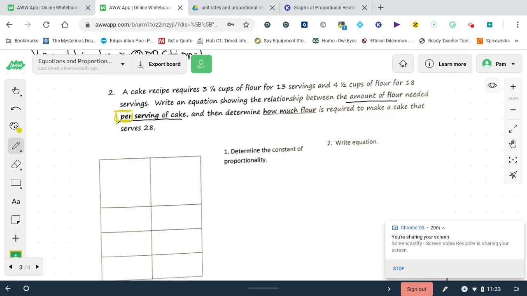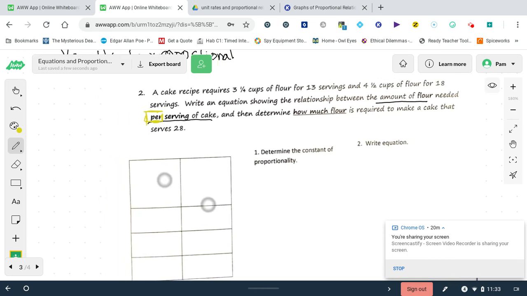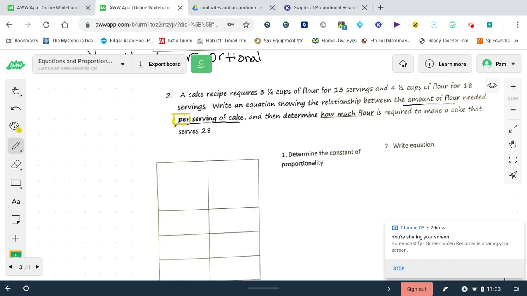Okay. So before the word per, and I'm going to write this out. Let me write it over here. You have amount of flour per serving of cake. I'm just going to put per serving.